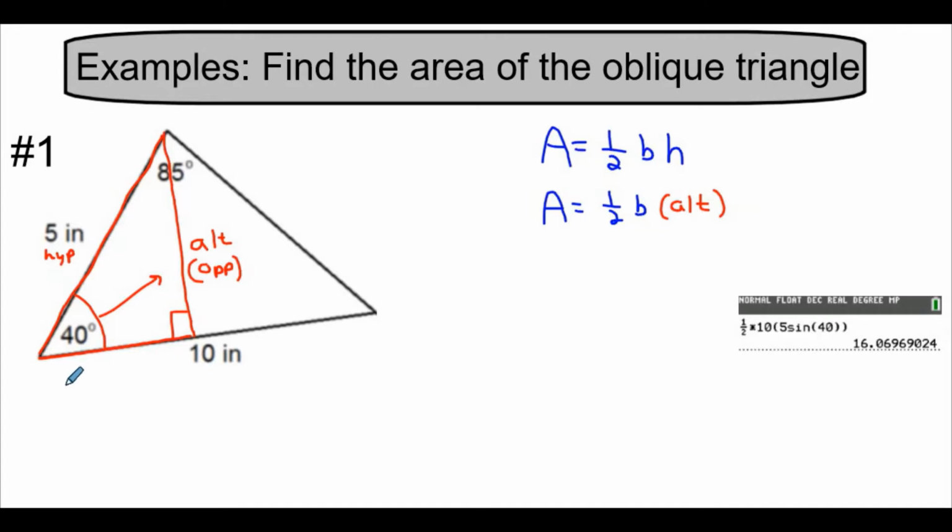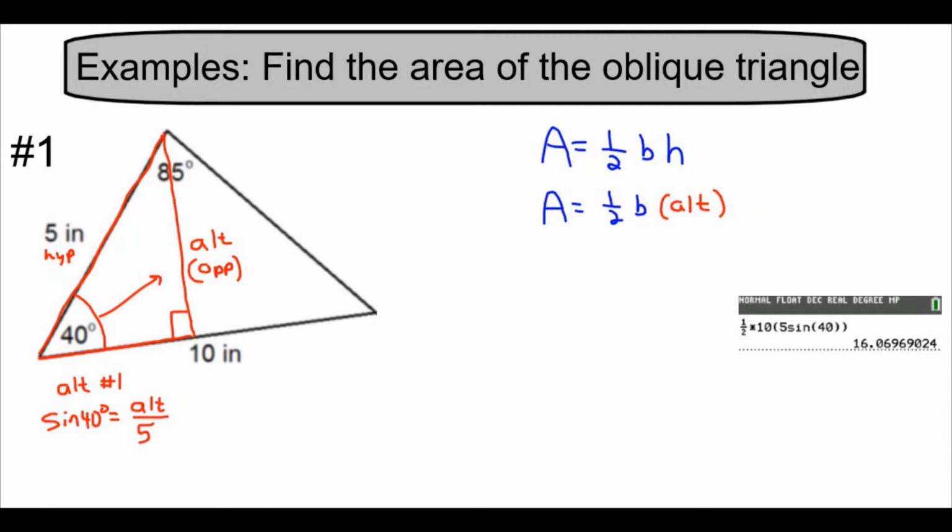So to find that altitude, we're going to call this altitude number 1, because we're going to come back and look at a second one in this triangle in just a couple of minutes. We would do sine of 40 degrees, and that would be equal to opposite over hypotenuse, because that's what sine is defined as, a ratio. And so that would be altitude, in this example, divided by 5.